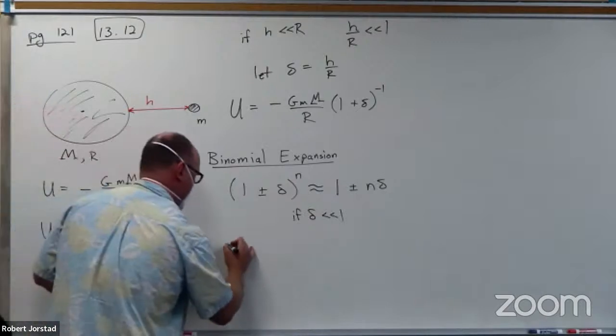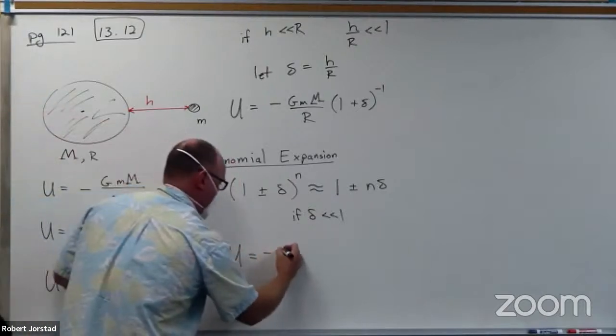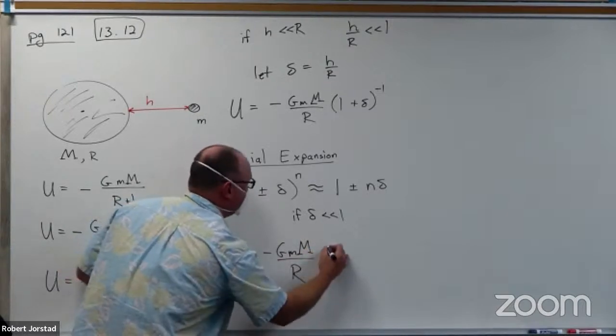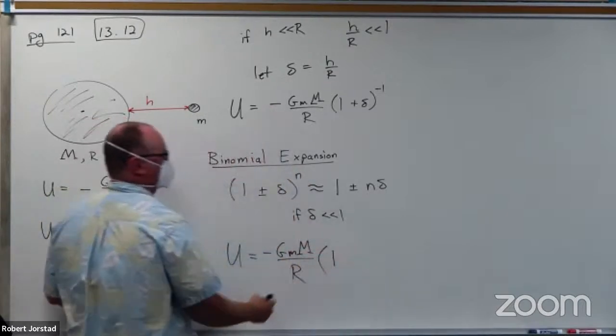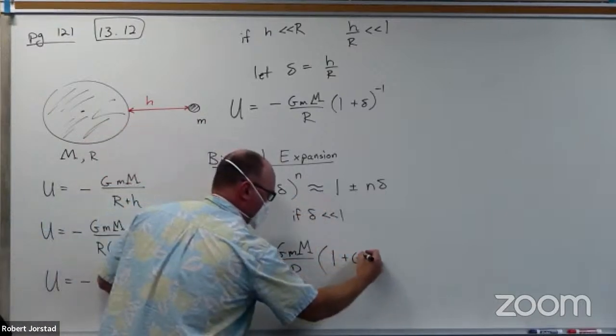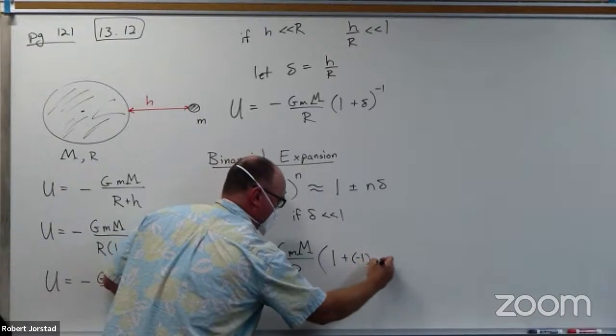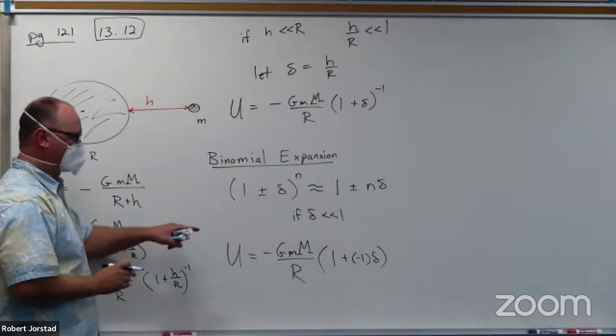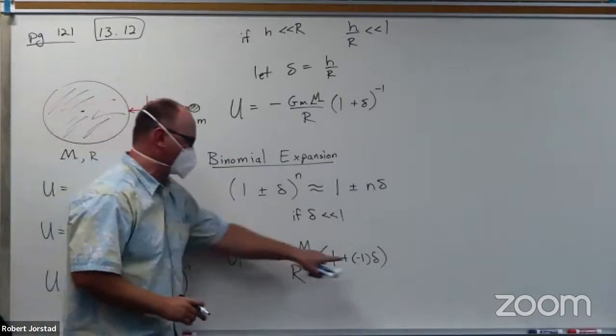Check this out. U equals negative G M m. Hang with me. This would be 1 plus negative 1 times delta. All right? Now I'm going to plug back in all this garbage. I'm going to flip the signs.